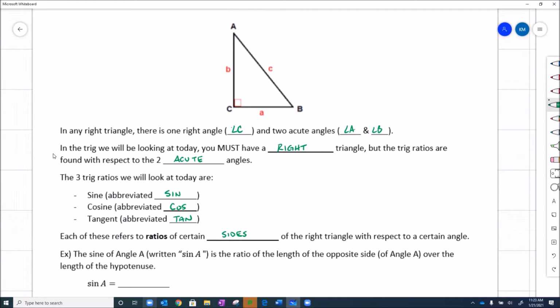So sine uses the opposite side over the length of the hypotenuse. From angle A, the opposite side to A is A, and the hypotenuse of this triangle is C. So sine A is just side A over C.